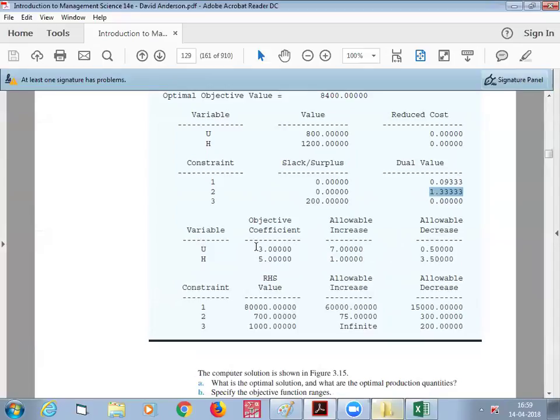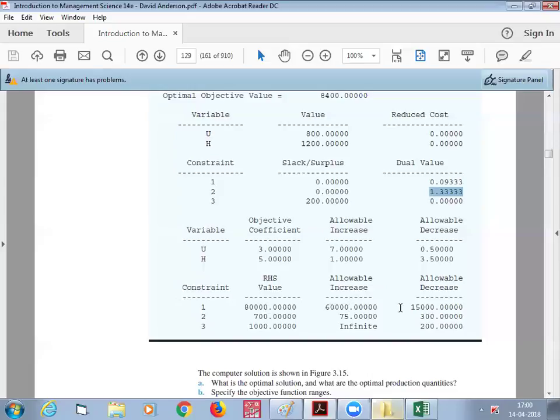So again, this can be between 3 and 2.5 and 10, and this is between 1.5 and 6. As long as the returns are in this range, the solution remains optimal, and this is our RHS range.